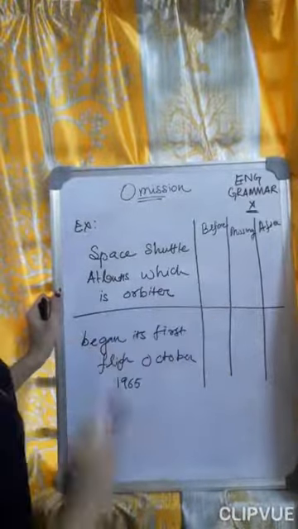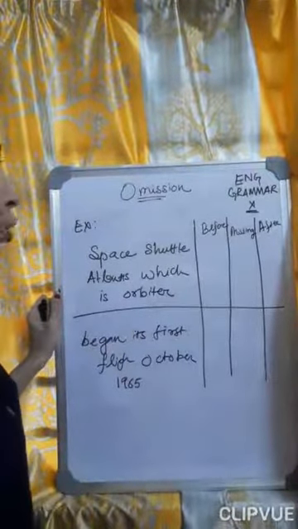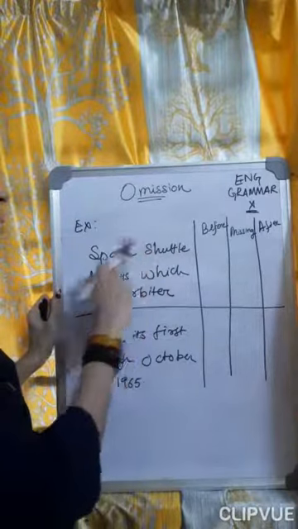So here what you have to find out? The missing word. So how will we find out? What is the process? We have to read it word by word.